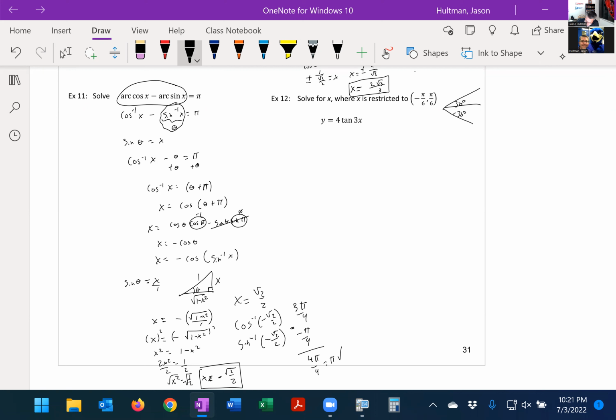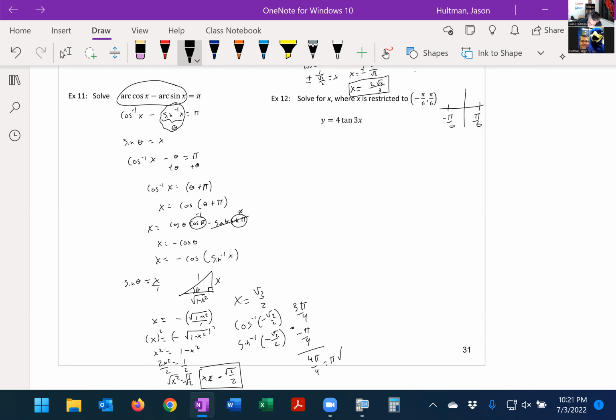Oh no, those are the x's, sorry. X is restricted to, not the angles, negative pi over 6 and pi over 6. That's what they're saying for this value. So solve for x here.